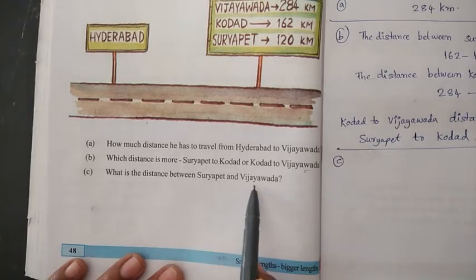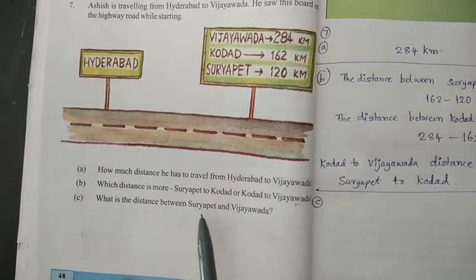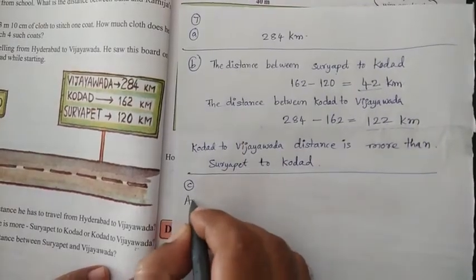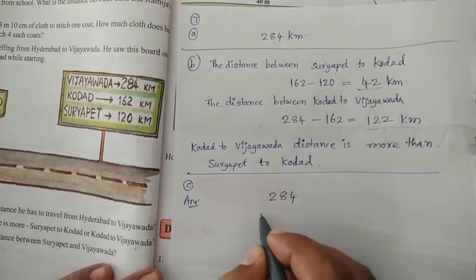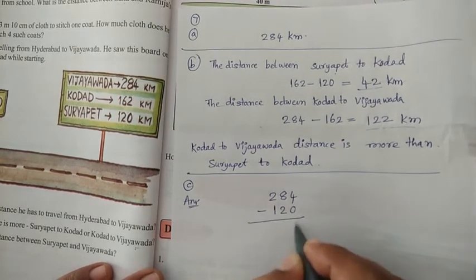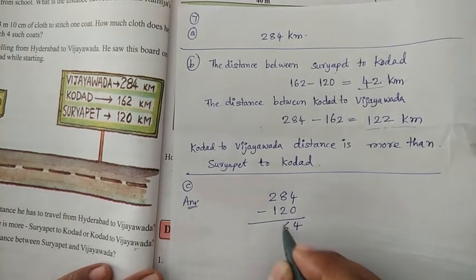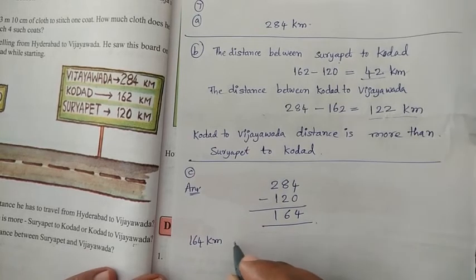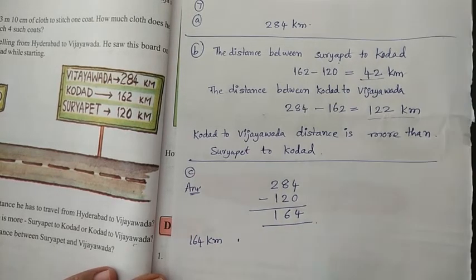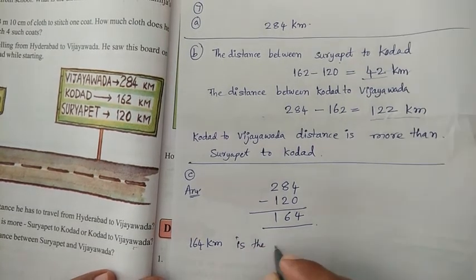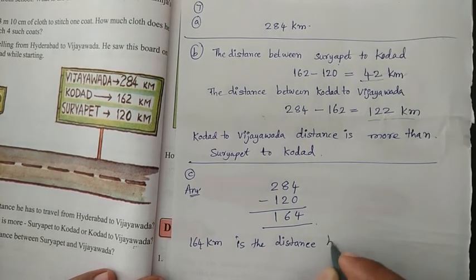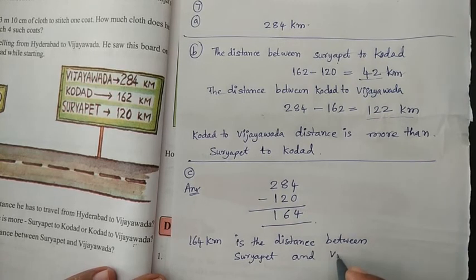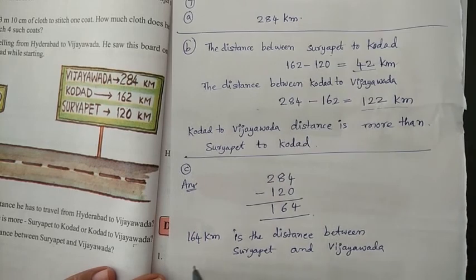To get the answer, we should subtract Vijayawada 284 minus Suryapet 120. 284 minus 120. 4, 8 minus 2, 6, 2 minus 1, 1. 164 kilometers is the distance between Suryapet and Vijayawada. This is the C question answer.